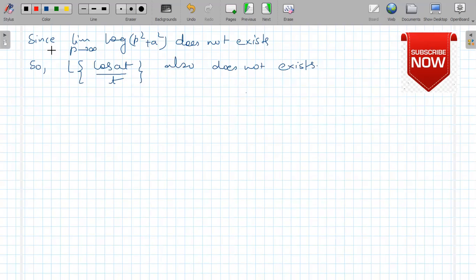So in this case, as you can see, sometimes the value of the integral does not exist, so the value of the Laplace transform also does not exist.